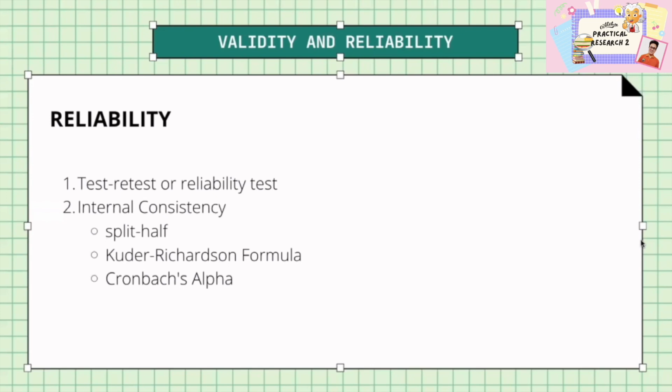Okay, split half. We also have the Kuder-Richardson test or formula. This method measures the extent to which items in one form of a test share commonalities with one another as do the items of an equivalence test form. This is also called item total correlation.